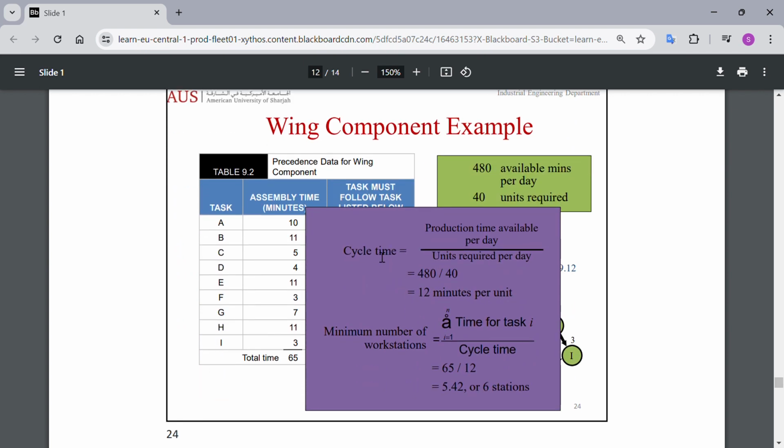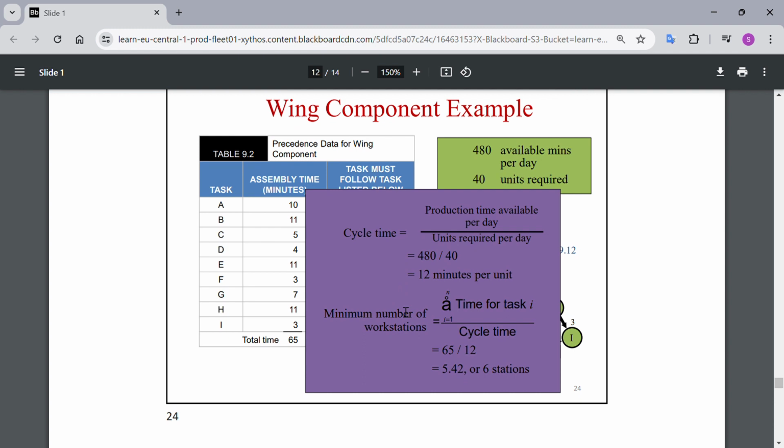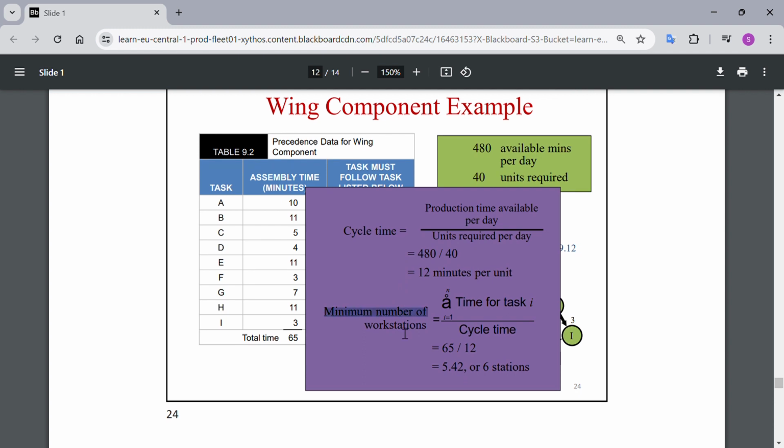So we have the cycle time: production time available per day over the units required per day. This is the cycle time, and for our example it is 12 minutes per unit. The minimum number of workstations is the sum of the time for task i over the cycle time.